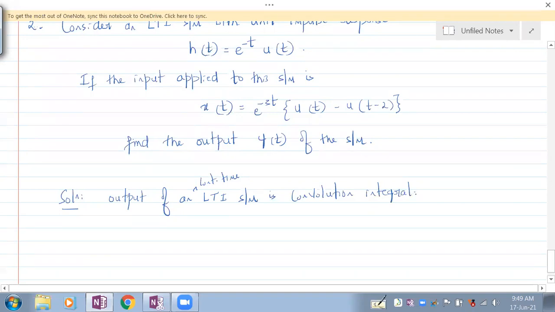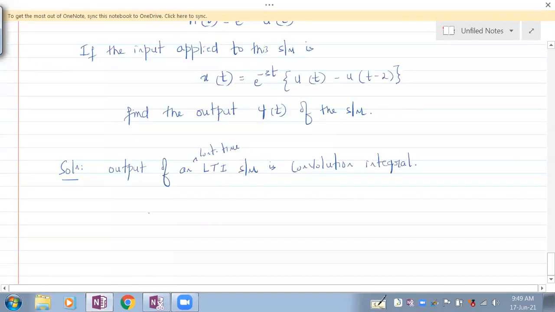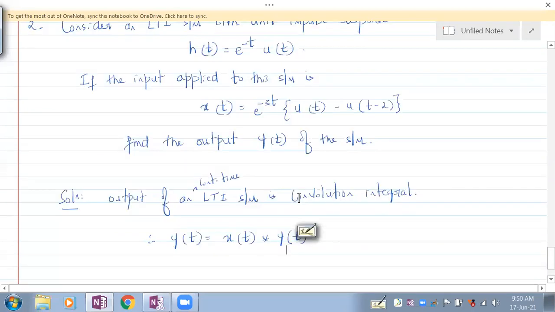So y of t would be x of t convolution h of t. Given by, you have to always write this equation, tau ranging from minus infinity to infinity, x of tau. So it's not y of t, it is h of t, mind you.